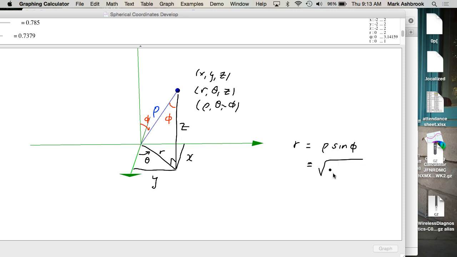Square root of x squared plus y squared. Okay, what is z? So z is the leg, right? It's the leg of this triangle adjacent to phi, therefore rho cosine phi, adjacent side, right?